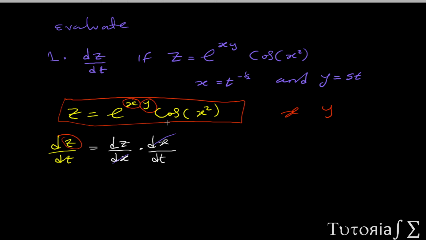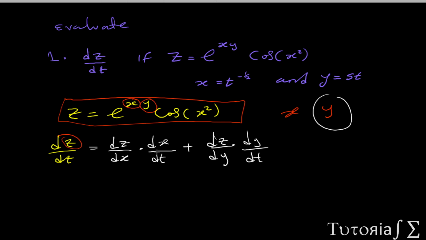Now, this is only from the x side, so we also need to add from the y side. So we say plus: z also has another function, y. So we say dz/dy times, again, dy/dt. This is how you create the chain rule.